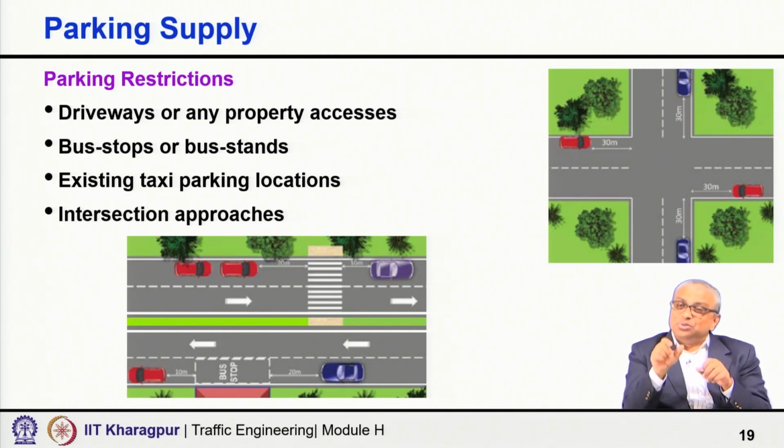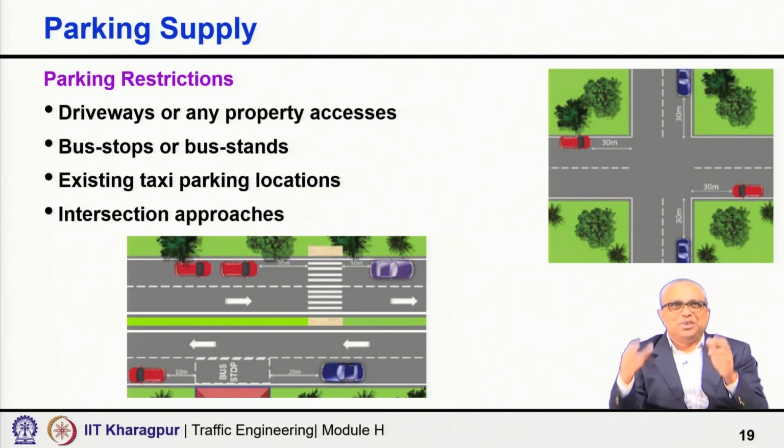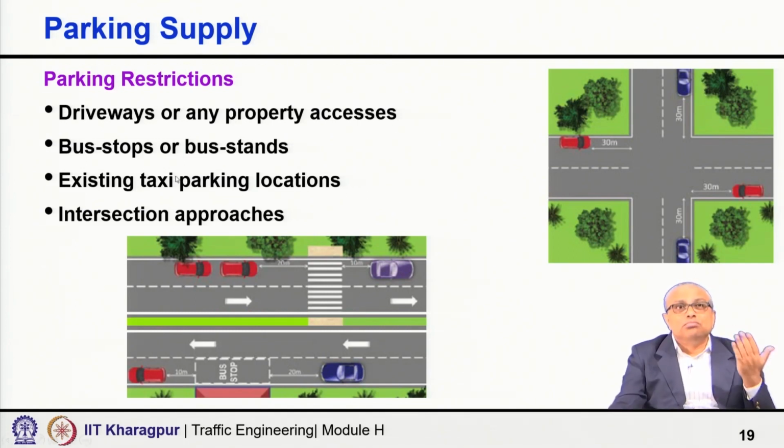So once you know the actual width of the driveway, you add some distance. Bus stops and bus stands, we cannot allow parking, also some areas before and after. Same for existing taxi parking locations, because those are dedicated for taxis. Intersection approaches, you cannot allow parking.